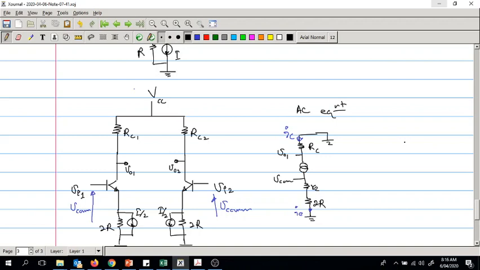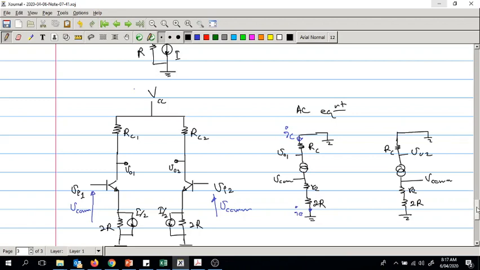We will draw that. We will have RC, the transistor, RE, 2R, and the ground. So this is 2R, this is RE, this is again my V common, and V out 2, RC, and this is the ground for AC.